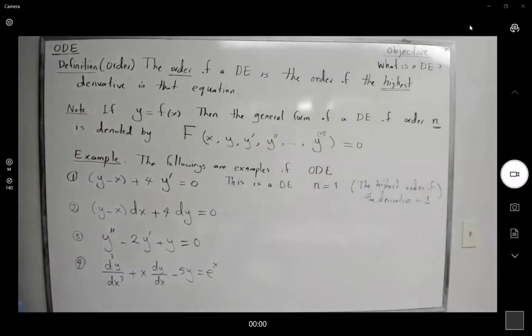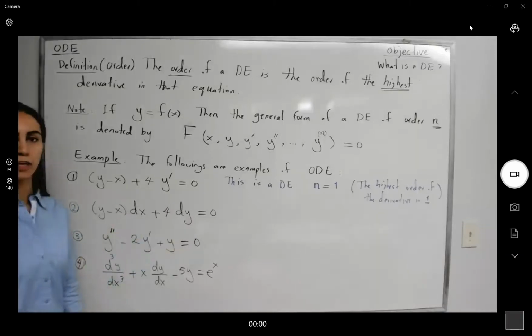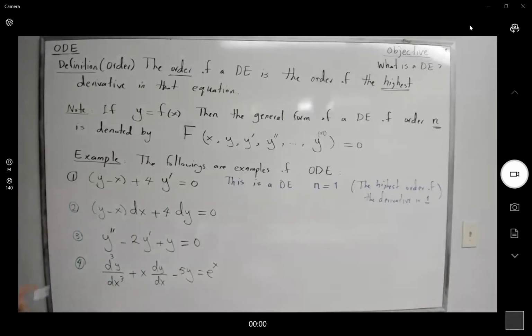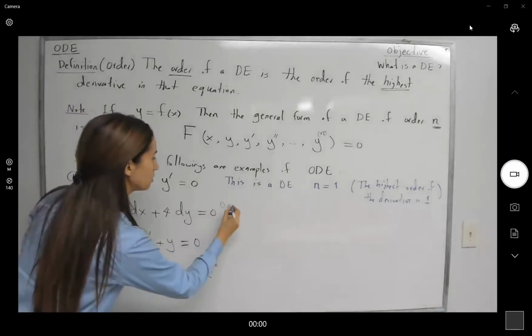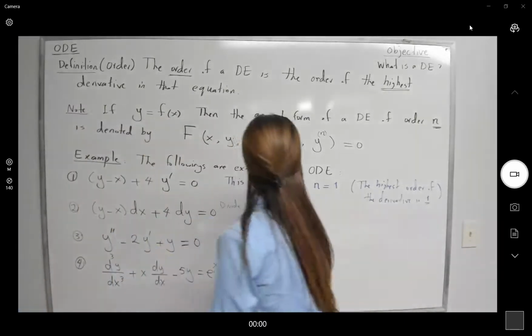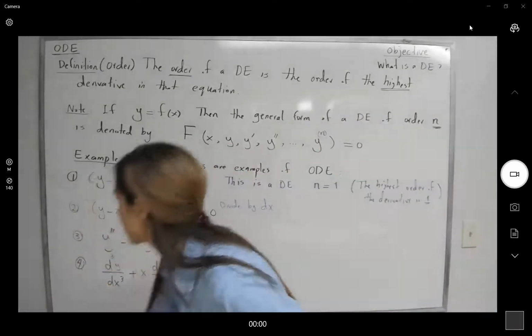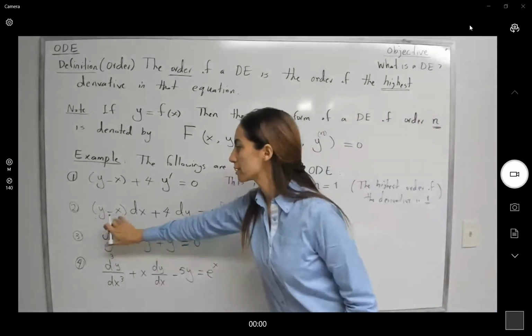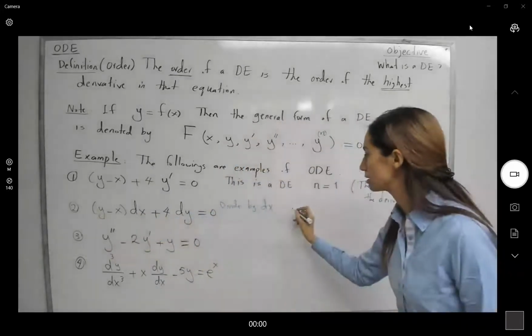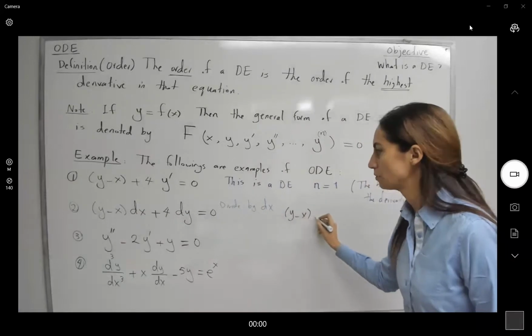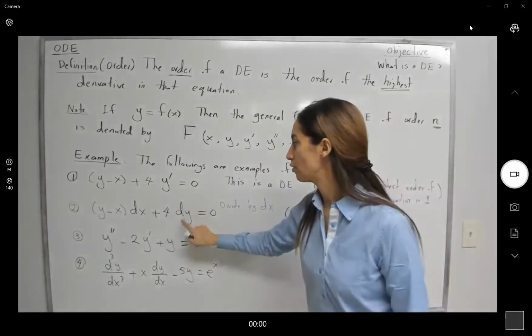Well, what about the second one? I don't see the order of the derivative. What I'm going to do is divide everything by dx. So if I divide by dx, y minus x dx divided by dx is y minus x plus 4 dy over dx.